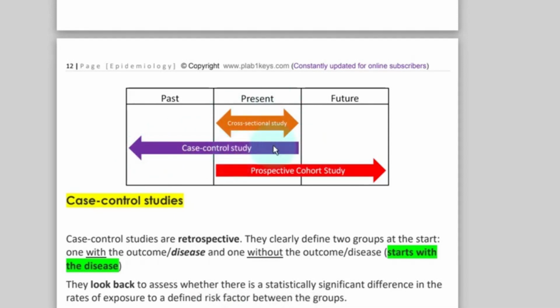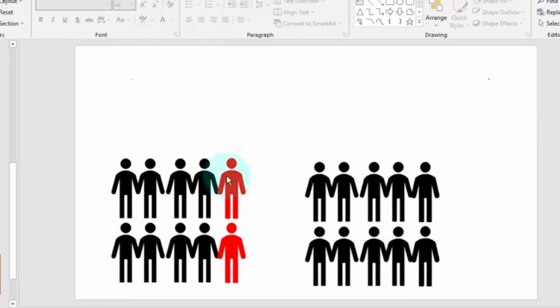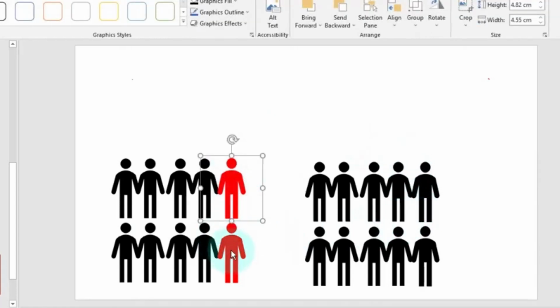Cross-sectional study: you take a population, you take a sample of the population and you do the study. That's in the present. You have 20 people, you took 2 people, you want to study on them. You cross-sected the population, you took a piece out of it. That's called the cross-sectional study.